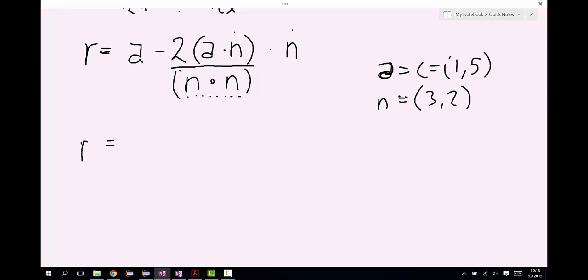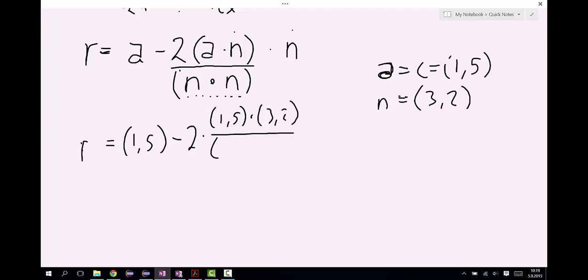So we have 1, 5 minus 2 times 1, 5 dot 3, 2, divided by 3, 2 dot 3, 2, times the vector 3, 2.